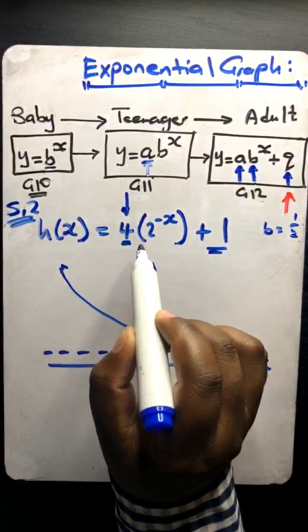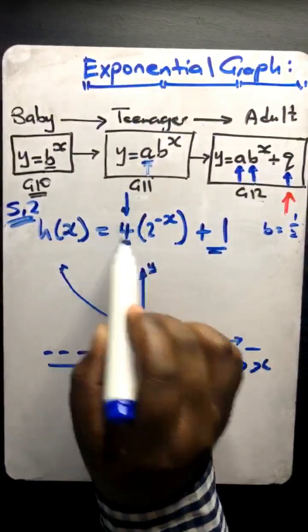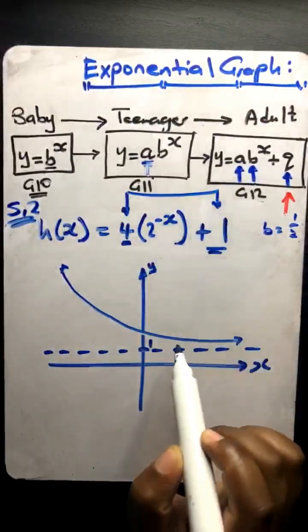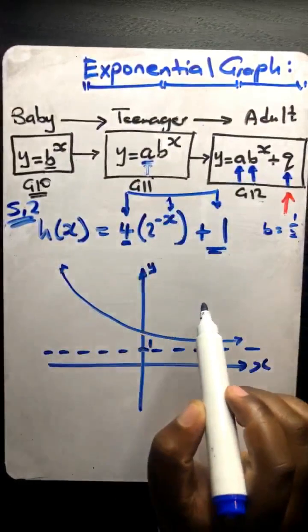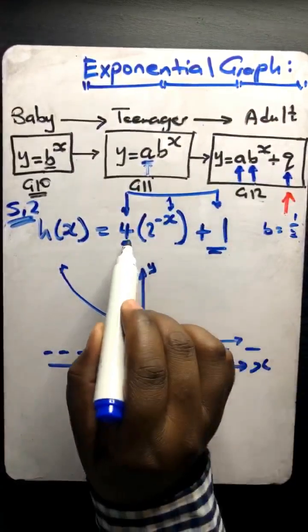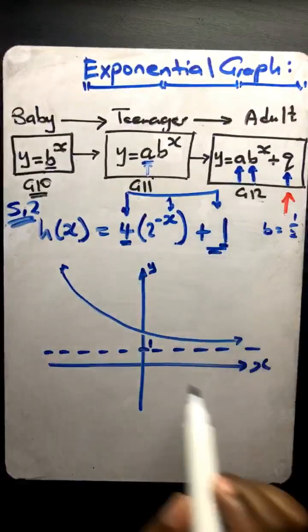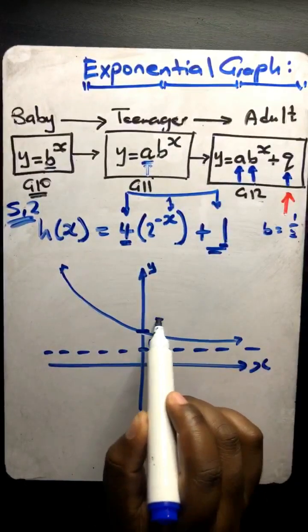Why is it not going to be 4? It is because it was 4 originally, but it shifted upwards by 1. That is why when you punched in 0, you got 5. It was cutting at 4, but it shifted by 1 unit upward. That is why there it is actually going to be 5.